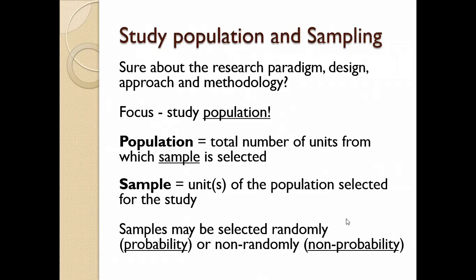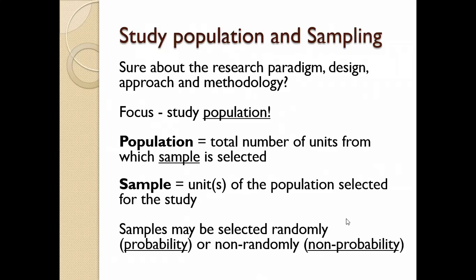So, study preparation and sampling. When you're sure about the research paradigm you want your research to take, when you're sure about your design and approach, and when you're sure about the methods you want to use, then the next focus is on the study population.